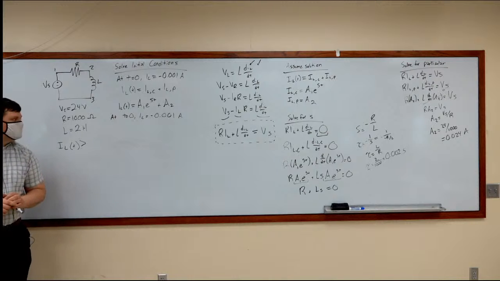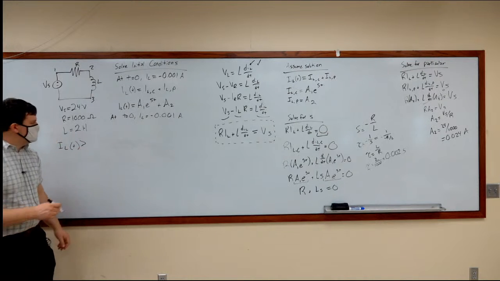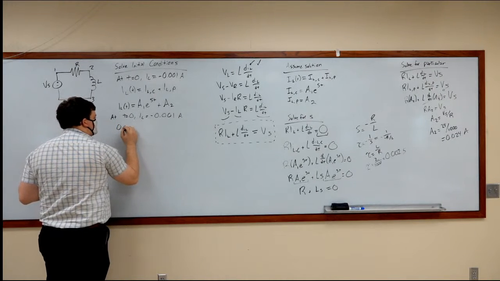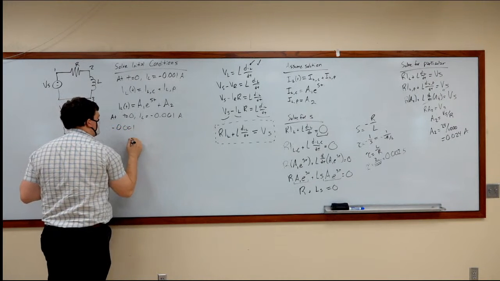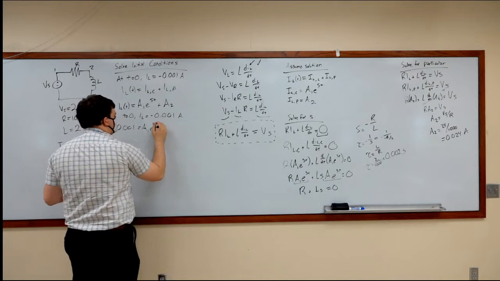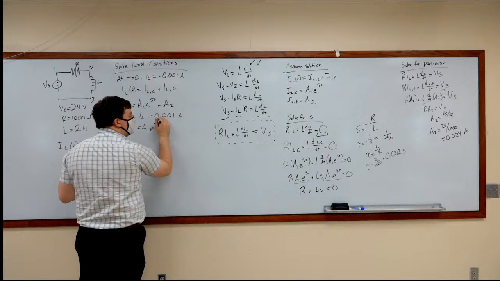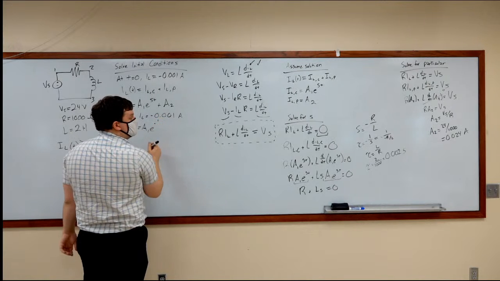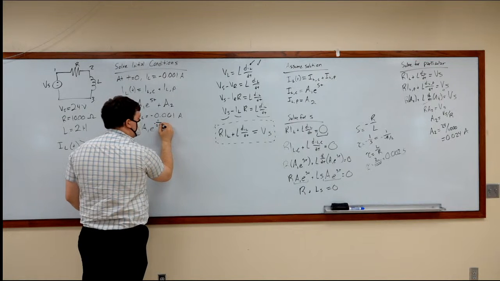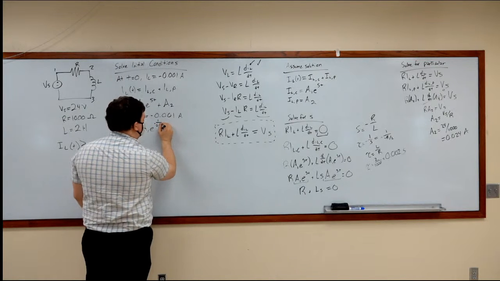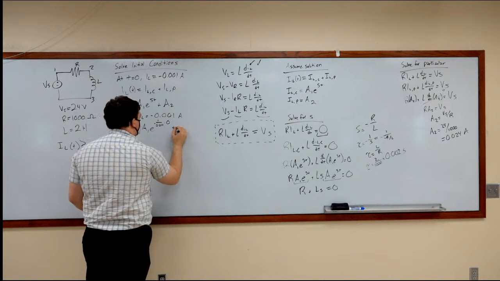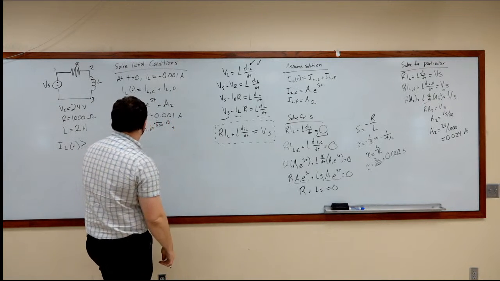So, I just plug everything in. We know IL at 0 is equal to negative 0.001. We do not know A1. We know S is equal to negative 1 divided by 0.002. We know that T is equal to 0. And what is A2?